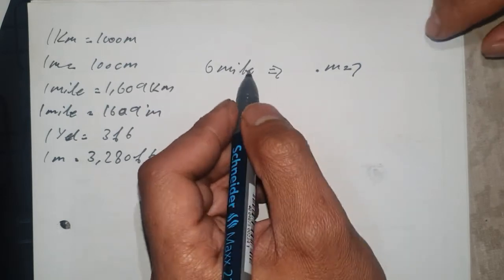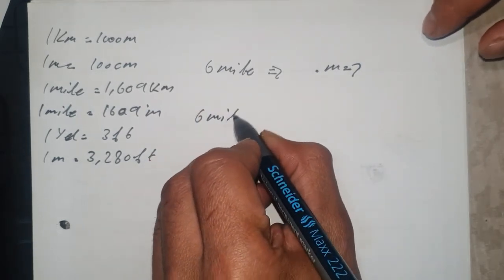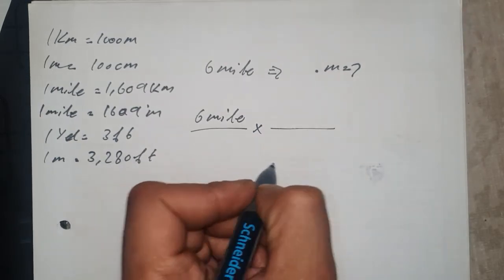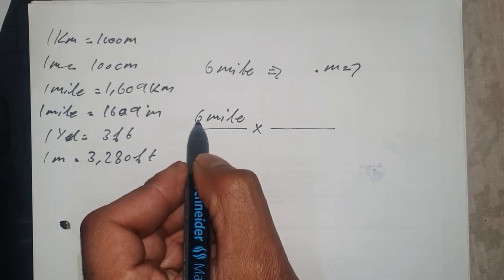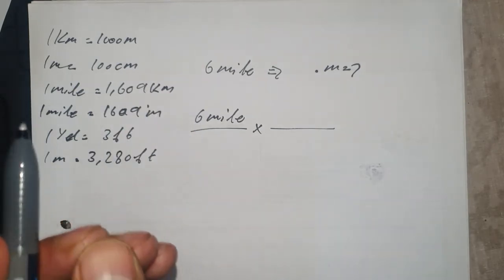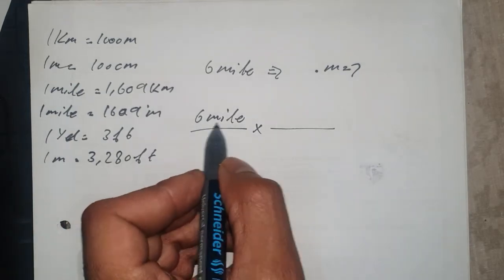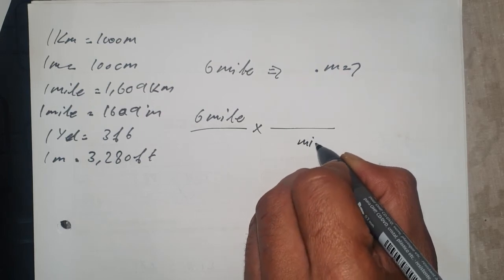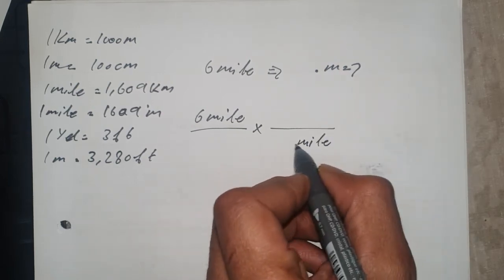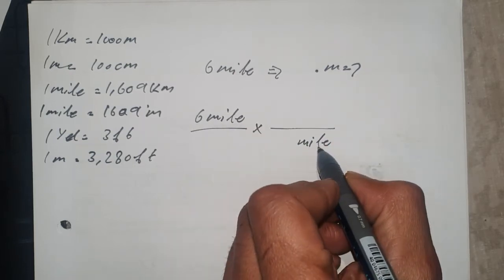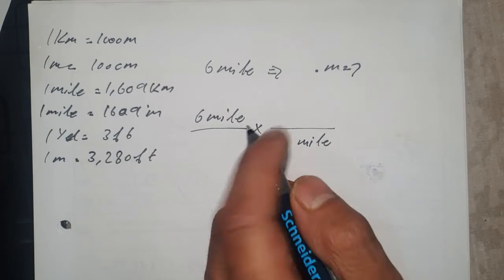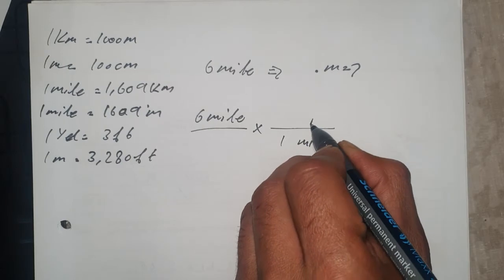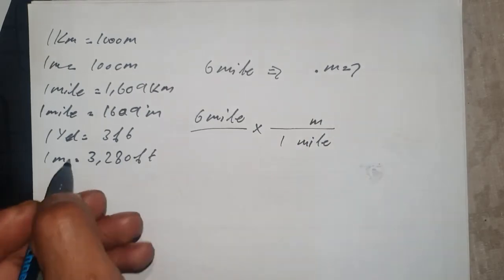First we'll write down the miles. We have 6 miles. We'll multiply that by a fraction. In the numerator we write the unit that we want to convert to, and in the denominator we write the same unit that we want to change. So we have 1 mile in the denominator, and in the numerator we write how many meters are in 1 mile.